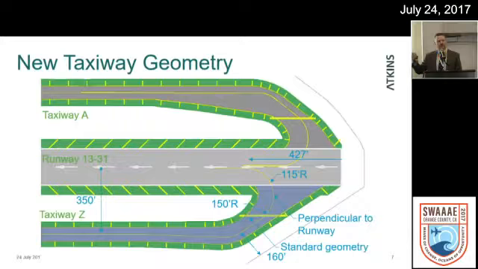It's a little greater than 75 feet, but it's necessary for the turning movement. What we did do is we utilized a 150-foot radius and made the taxiway center line perpendicular to the runway to take advantage of a 90-degree angle, which allowed us to reduce the radius onto the runway to 115 feet. What does that give us? We lose 427 foot of takeoff distance. It's only 90 feet, right? Not too bad.